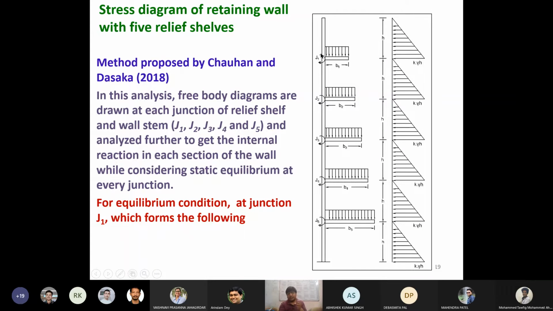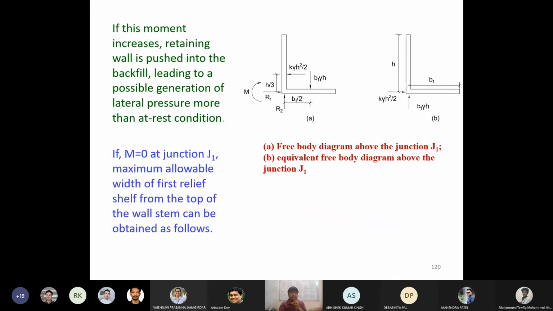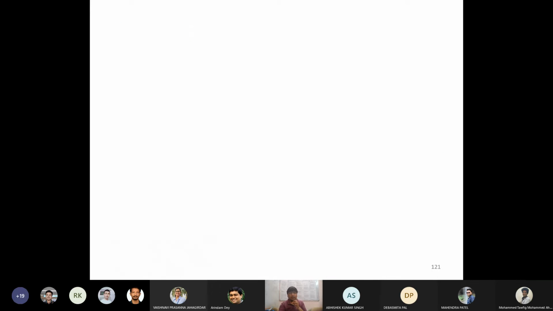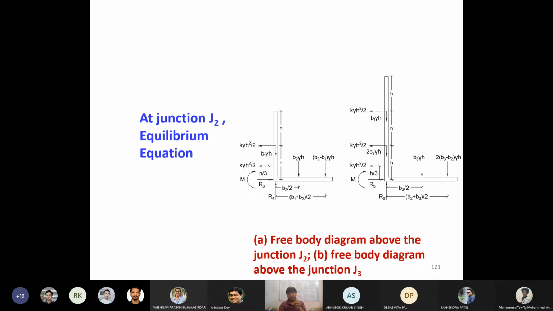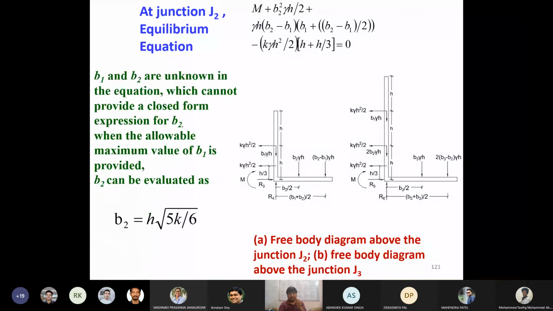Equilibrating this at every corner, we wrote this expression for every junction, shown below. I'm not going into the mathematics because this is very simple. You just note down all the forces and make an equilibrium equation, and based upon this equilibrium, you can calculate the width of relief shelf at every junction.